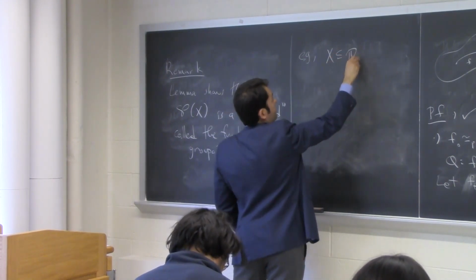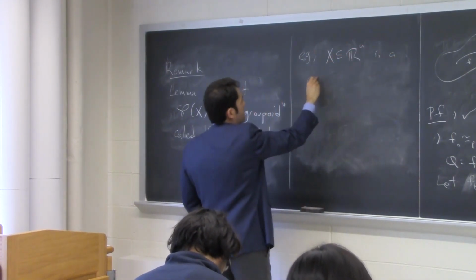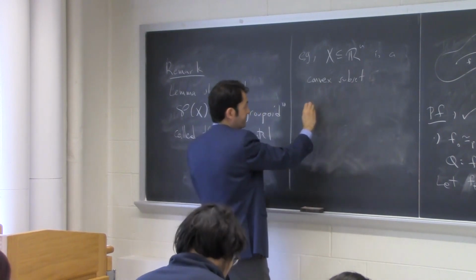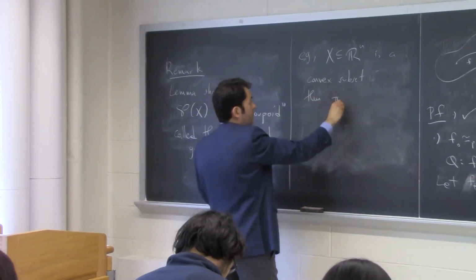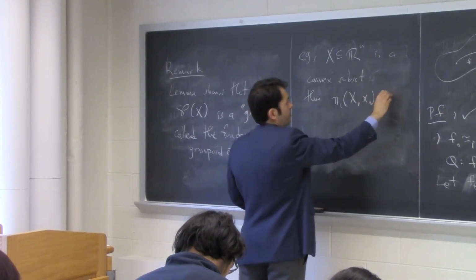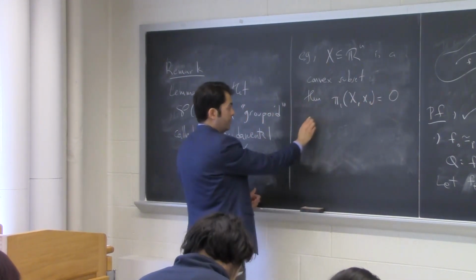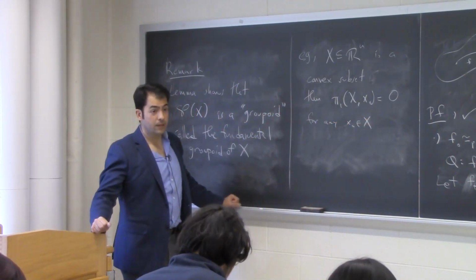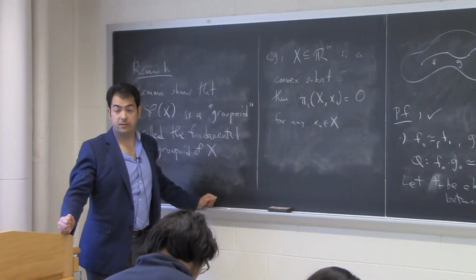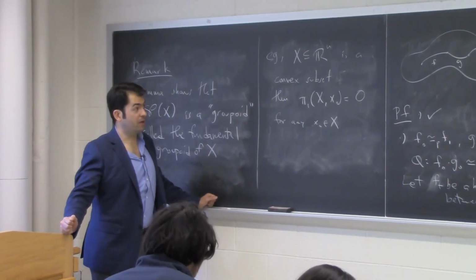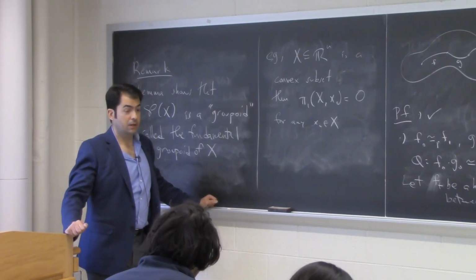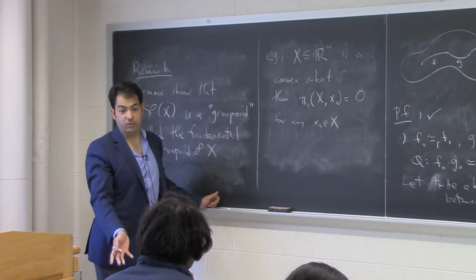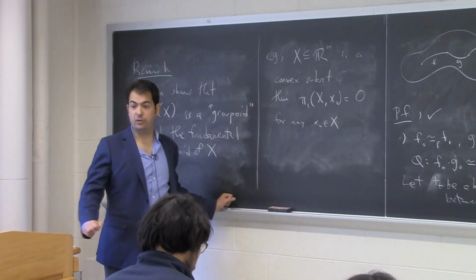If X is a convex subset of Rn, then pi1 of X is trivial for any base point. That's because we saw that paths are path homotopic if and only if they have the same endpoints. And a loop at x naught has the same endpoints as the constant loop at x naught. So it's path homotopic to the constant loop.